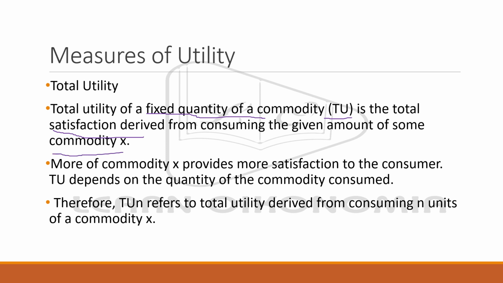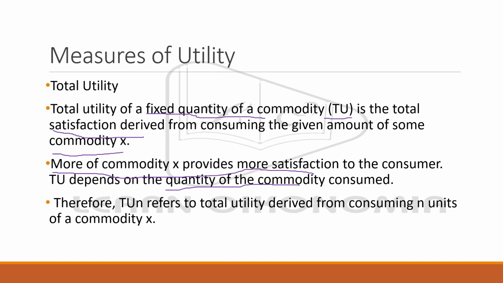If you are given more of commodity X, that means your total satisfaction will also increase. For the same reason, we can say that the total utility is something that would depend upon the quantity of the commodity that you consume.